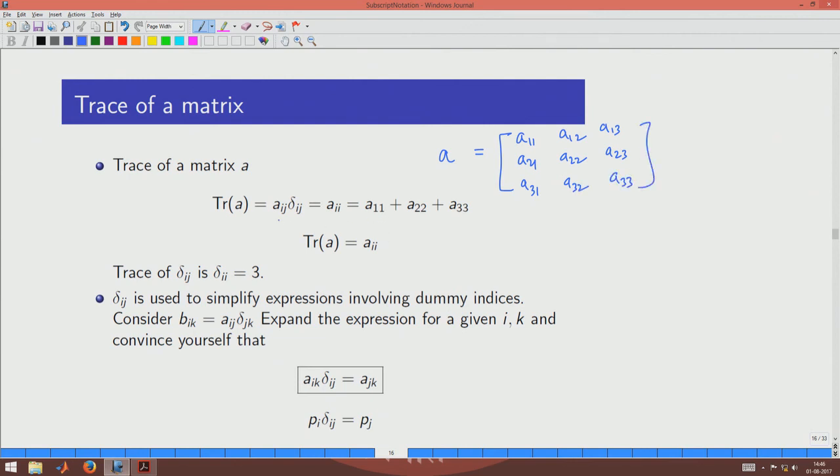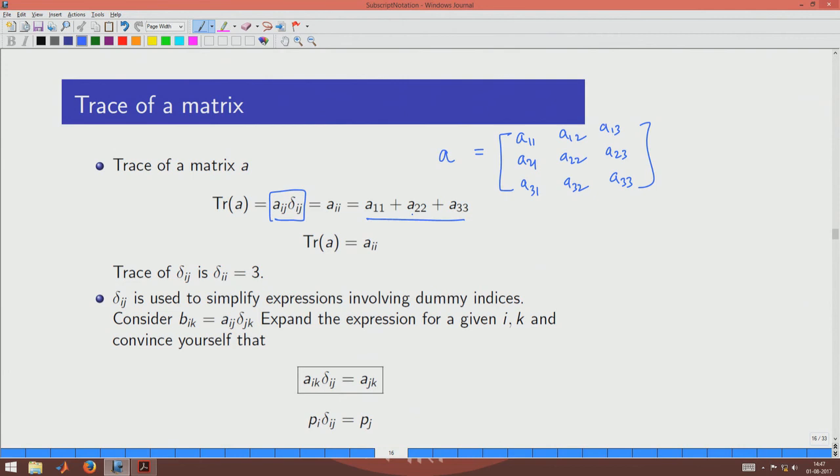So, this expression is nothing but an inner product of A with the Kronecker delta, and the contraction operation is over the indices i and j both. So, it must be giving us just one number, and when we expand we only get 3 numbers because the delta has only 3 unities, rest of them are zeros. So, only when i is equal to j you have got a unity there. So, only those numbers will survive.